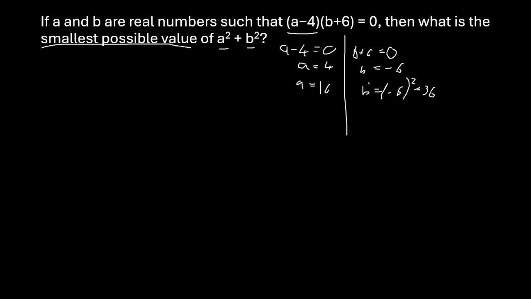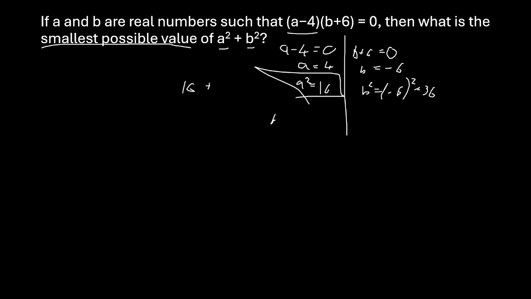So although b is less than a, b squared is more than a squared. So we choose a squared as 16, and if a is 4, then this equation is 0 times something, so b actually could be any value.